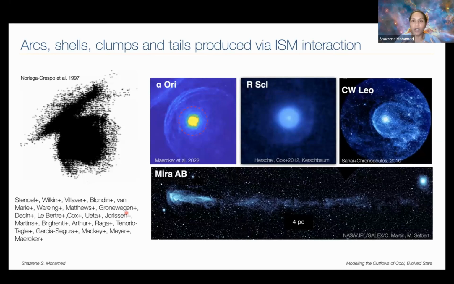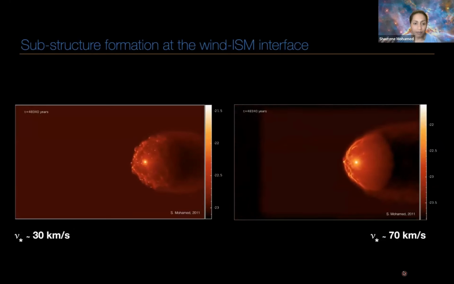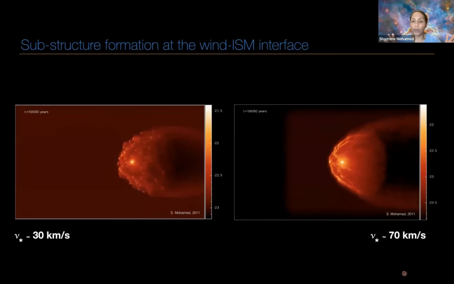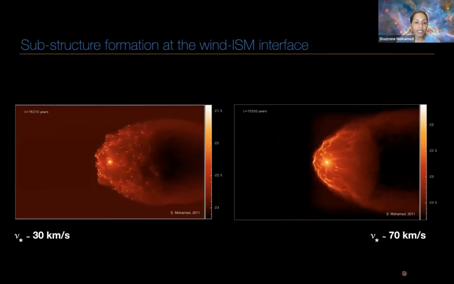And over the years, there have been lots of studies, really extensive theoretical and observational studies of these kinds of interactions. The first 3D models of this were used to show what happens when you actually have these interactions. This is for a star like Betelgeuse, for example, that has a wind moving at different velocities and is making different assumptions for the ISM density.